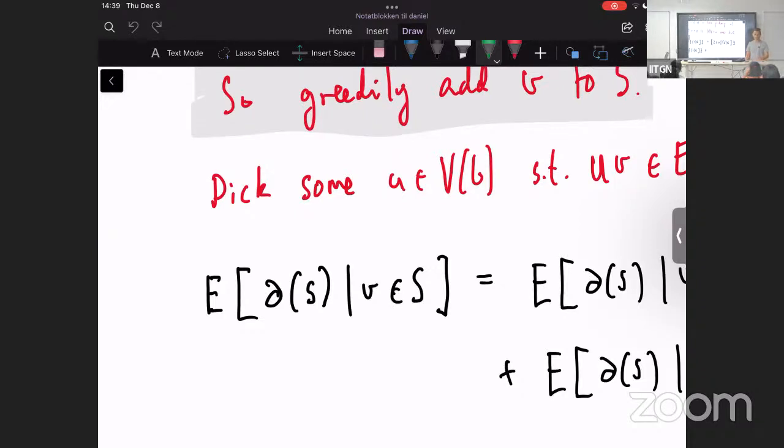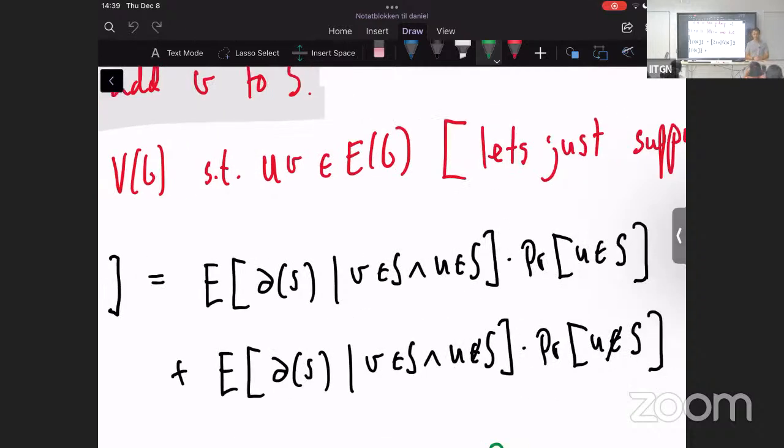But we can write it as the conditional expectation of the size of the cut given that both V and U are in S, times the probability that U is in S, plus the conditional expectation of the size of the cut given that V is in S but U isn't, times the probability that U isn't. And again, the probabilities are all just 1/2.